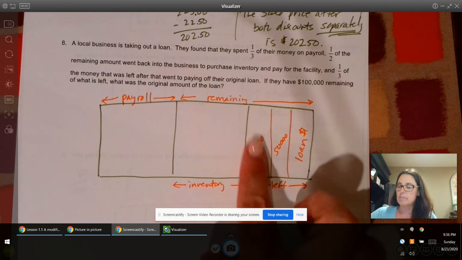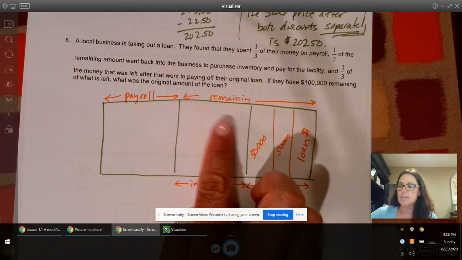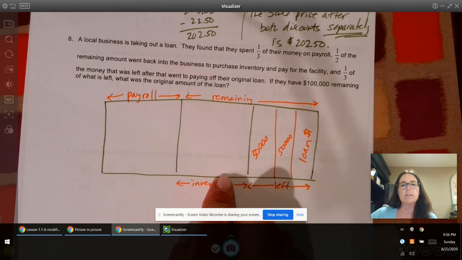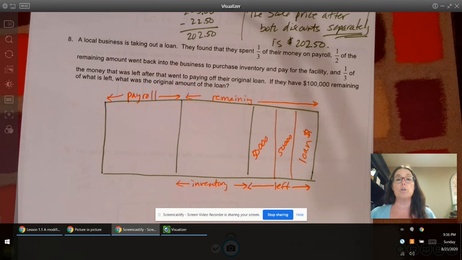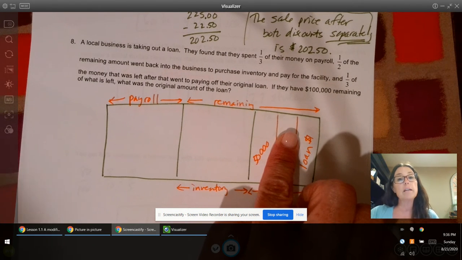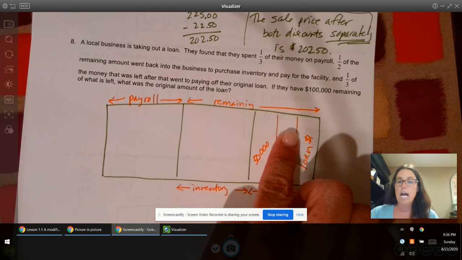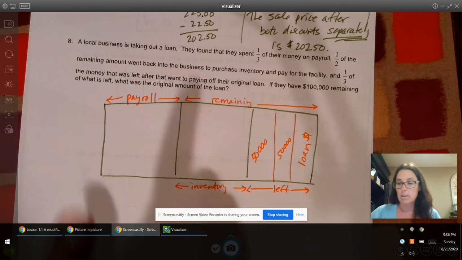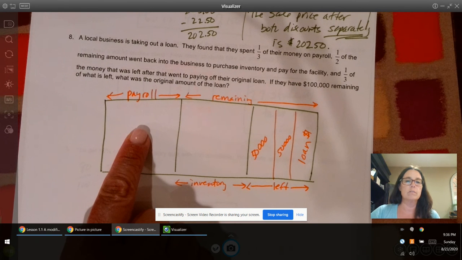How much money went into inventory? If this is $150,000, this is $150,000. How much money was in the remaining portion? $150,000 and $150,000 together make $300,000. How much went to payroll? $150,000.